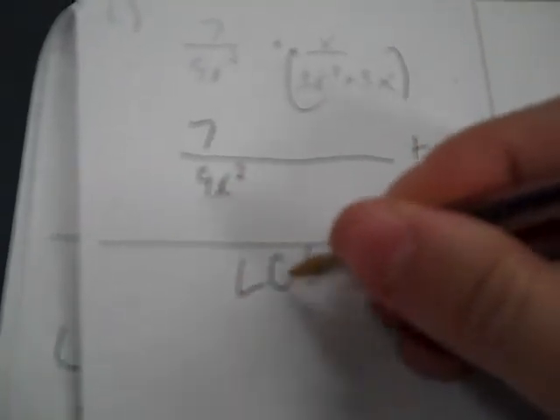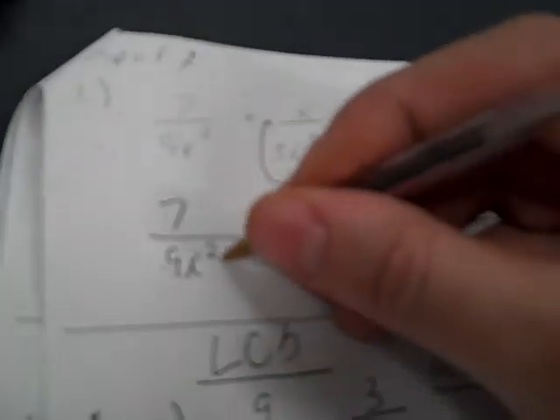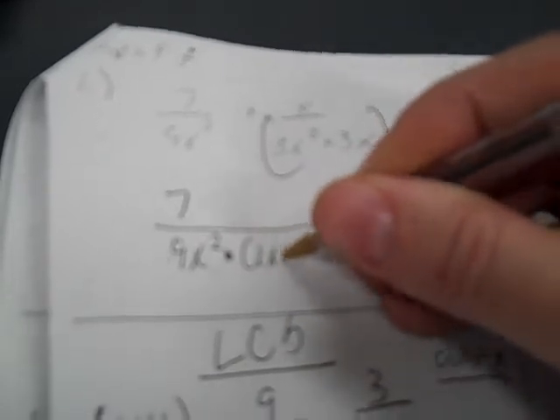Okay, LCD. So we have a factor with 1x plus 1. Now you got a lot of outside stuff. You have a 9. You have a 3. And you also have outer x's, okay? Okay, so x plus 1, 0 and 1. So you need to bring the 1x plus 1 in there.